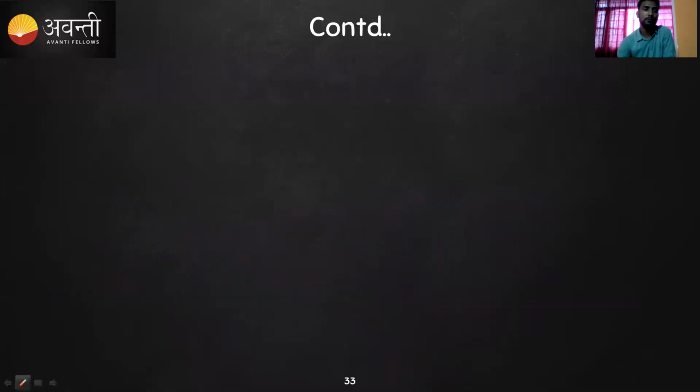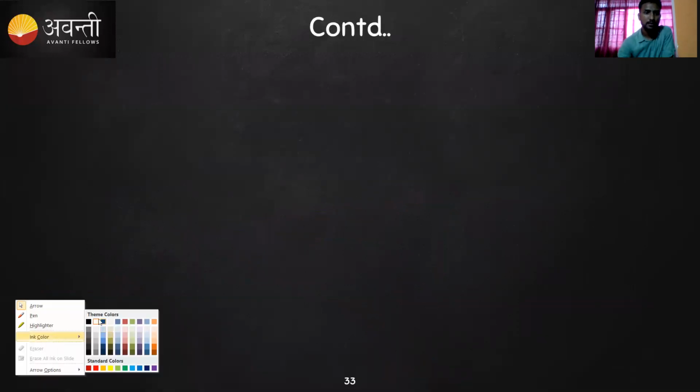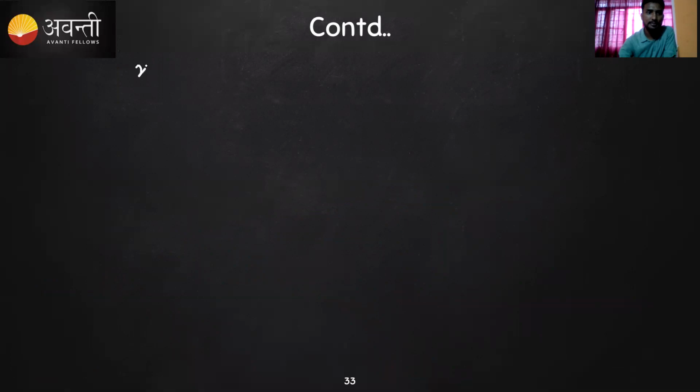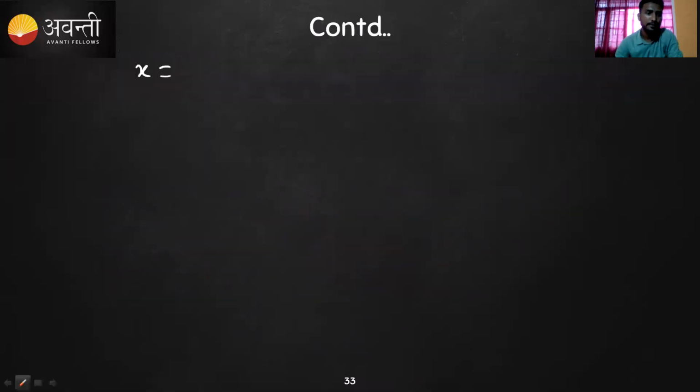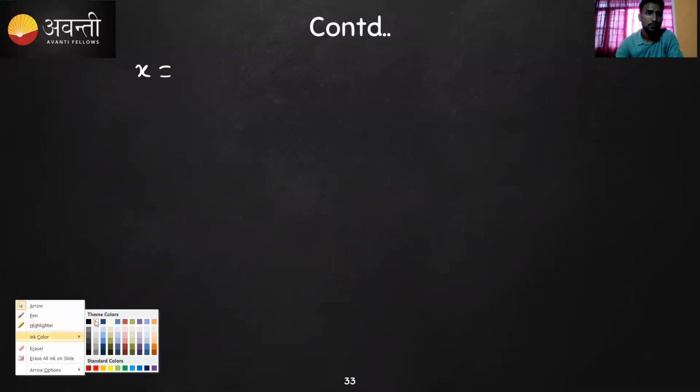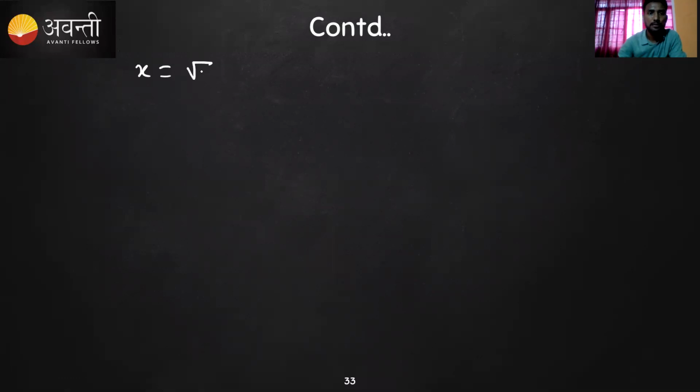So I am just taking the value: x is equal to root 3 into h minus 200, and from here you will get h plus 200 divided by root 3.